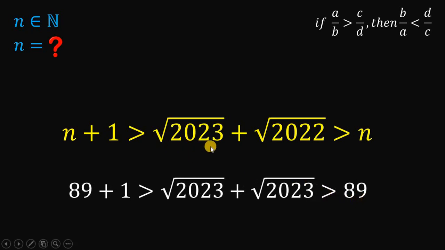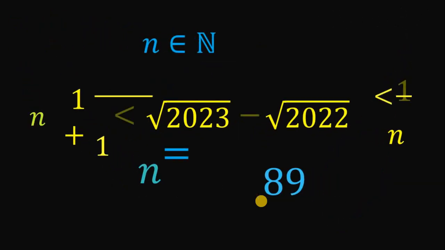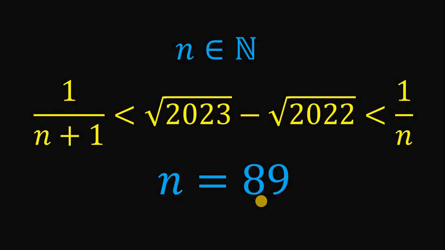Square root of 2023 plus square root of 2022 is almost the same thing as square root of 2023 plus square root of 2023. Therefore, we can say that n must be equal to 89. Now, of course, we need to check if our answer is correct.